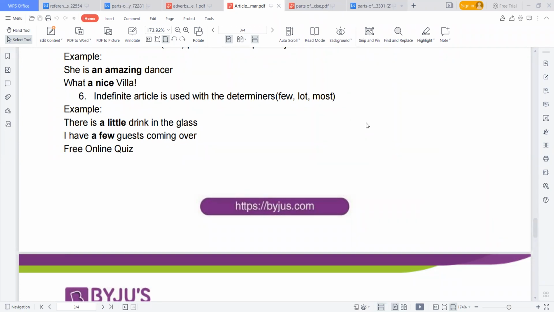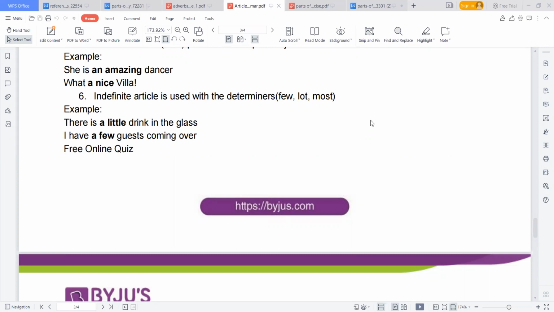That means the car which I have already described, that has these features. And also with the names of countries, like the United States. Because the United States is a proper noun and it is well known to each and everyone. So the United States. Clear? Okay.